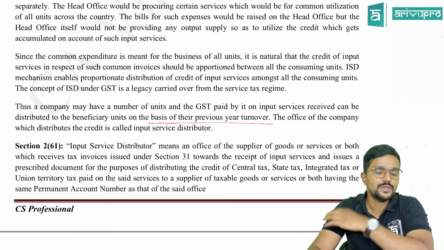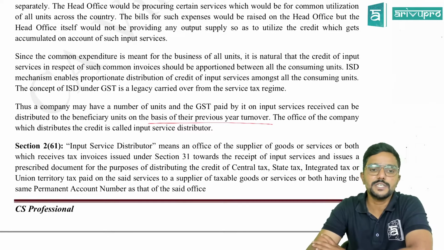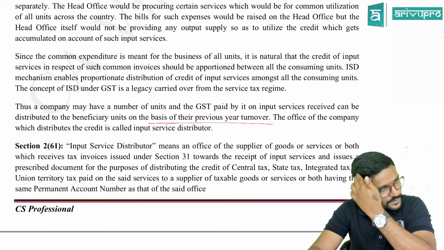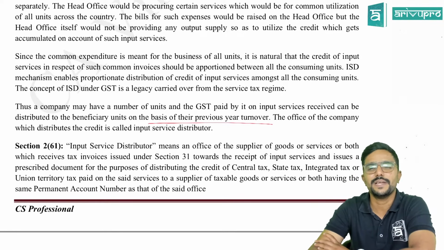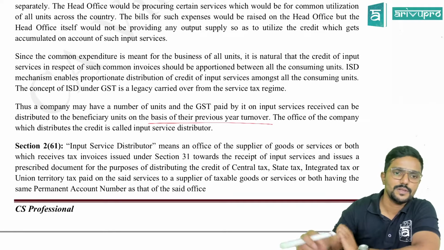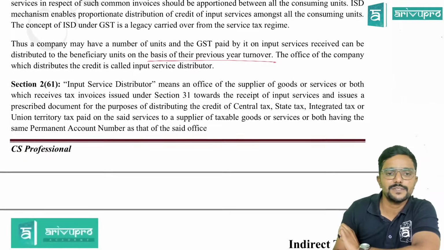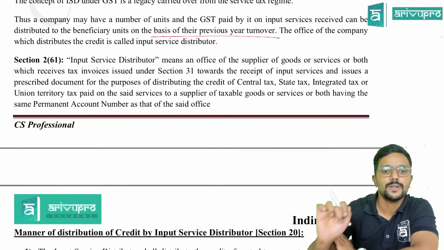Okay. The office of the company which distributes the credit is called the input service distributor. Normally they will be the head office or corporate office. Section 2 clause 61 defines input service distributor.